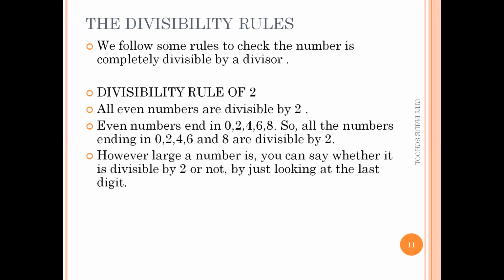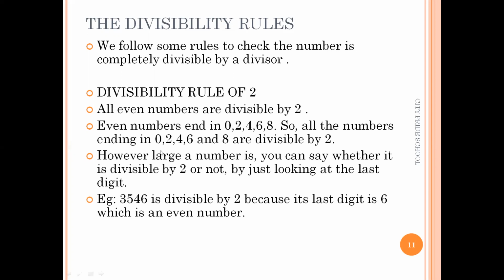However large a number is, you can say whether it is divisible by 2 or not by just looking at the last digit. If the last digit is 0, 2, 4, 6 or 8, then it is completely divisible by 2. Example, to check whether 3546 is divisible by 2, just check the last digit, the ones place digit, which is 6.